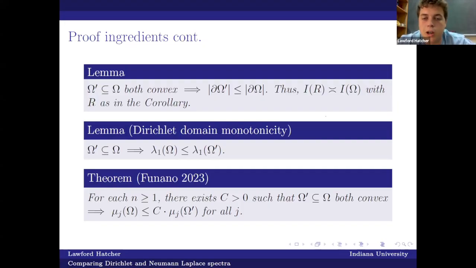So there's a universal constant in each dimension, such that if you have one convex domain inside of another, then the eigenvalues satisfy the opposite bound. So once again, smaller domains give you larger eigenvalues up to a constant. And the very cool thing about this to me is that this constant works for every eigenvalue simultaneously. So this isn't just for the second Neumann eigenvalue, it's for all of them together.